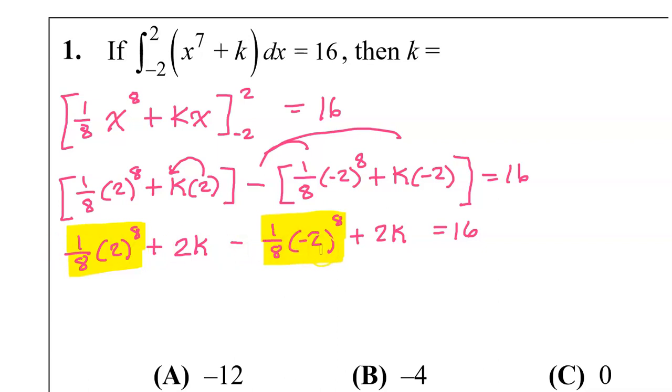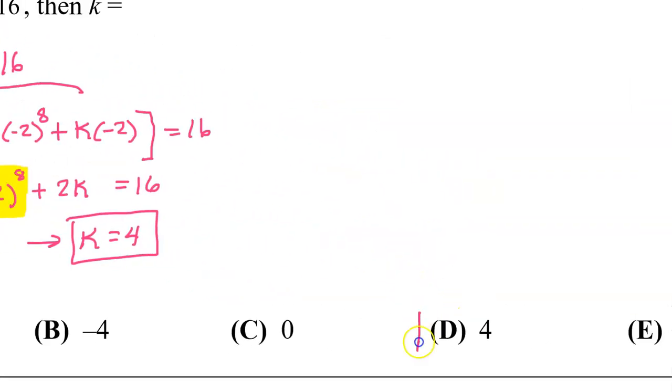So these are going to actually cancel each other out. So I am left with 2k plus 2k, which is 4k, equals 16, which means that k is equal to 4. So the answer is D.